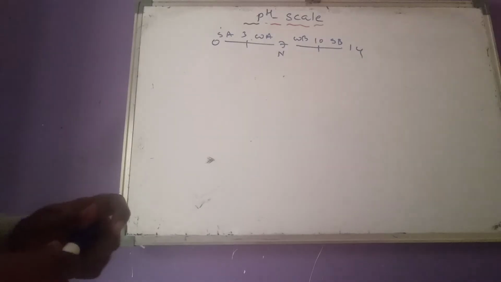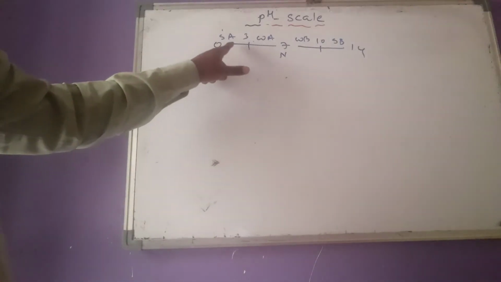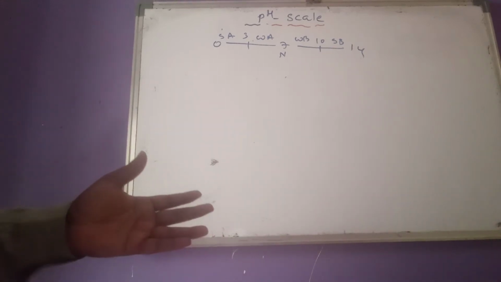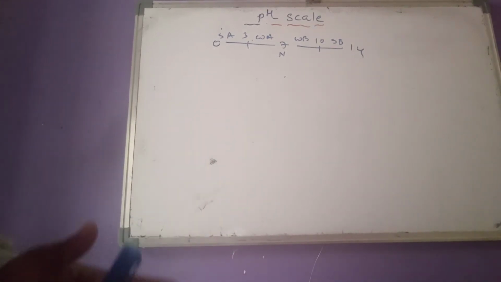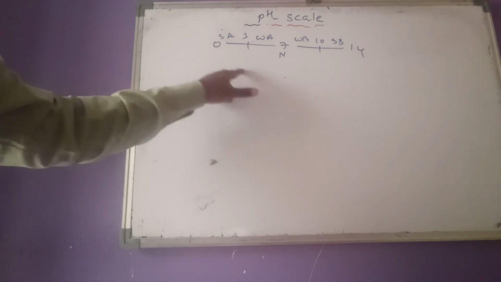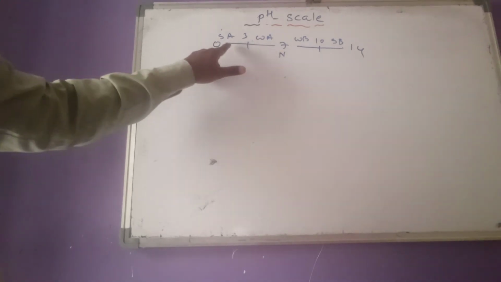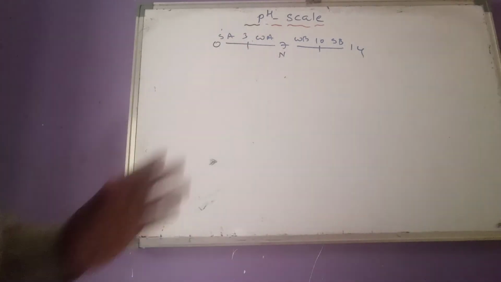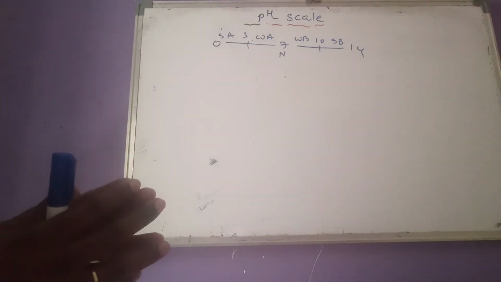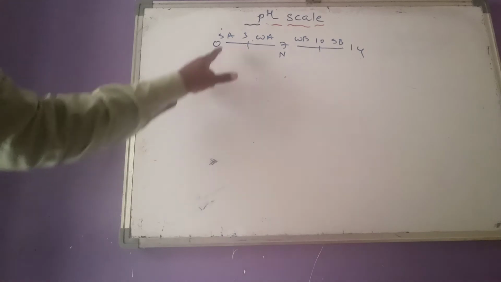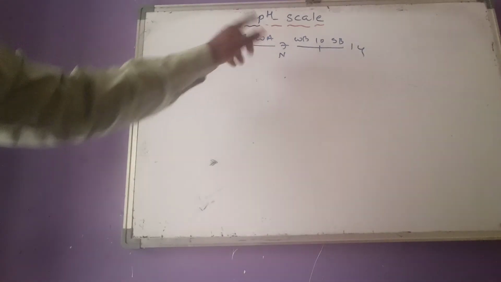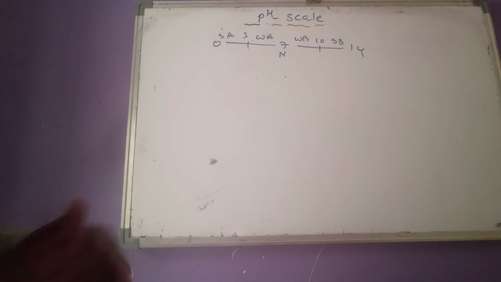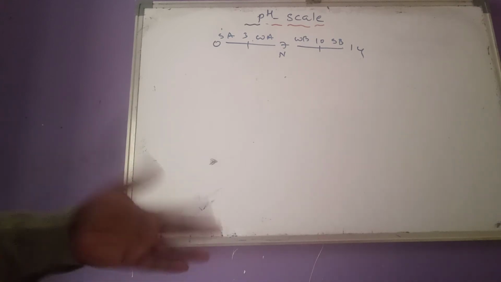If any strong acid is diluted, it becomes a weak acid, which means on the pH scale we move towards the right-hand side. So as dilution increases, the pH of an acid increases.